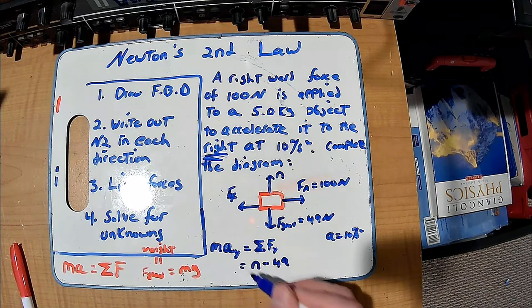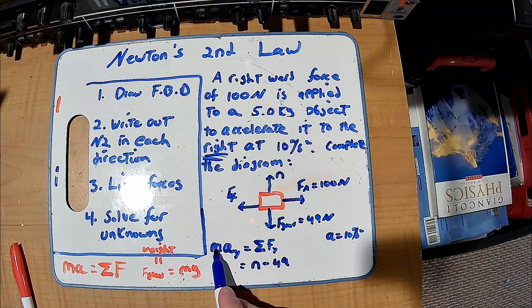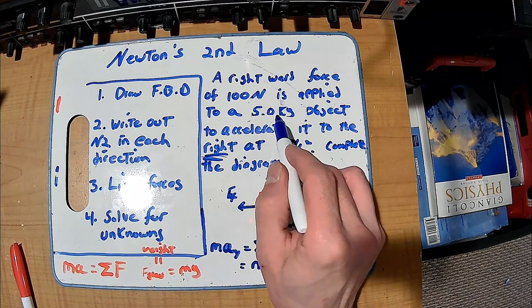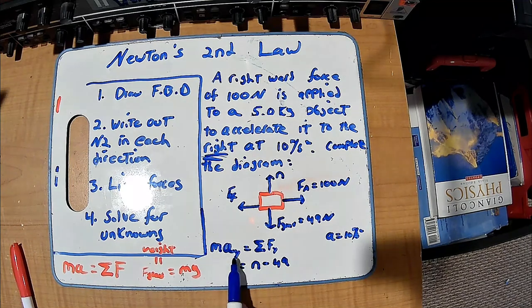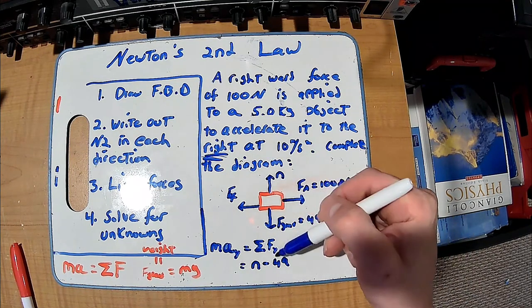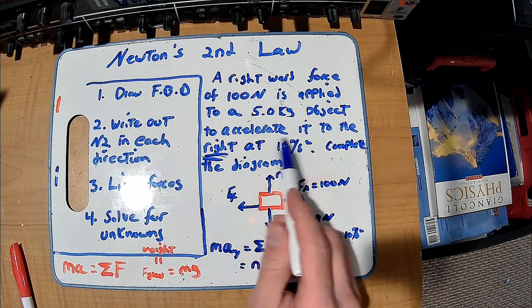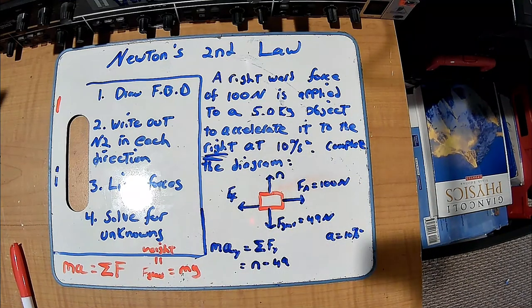Okay, now, the mass is 5 kilograms. They tell us that up here. This stands for the acceleration in the y direction. That means the vertical acceleration. Well, it's not accelerating vertically. It says accelerating to the right. The acceleration in the vertical direction is 0.